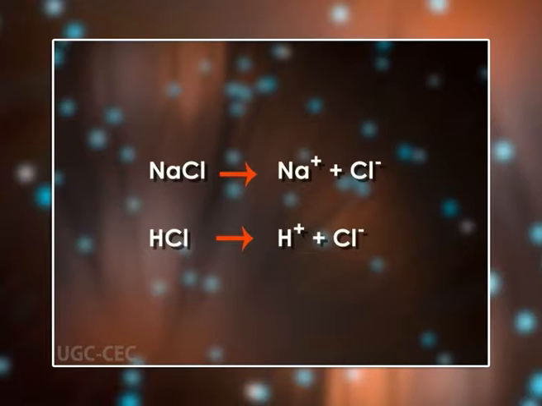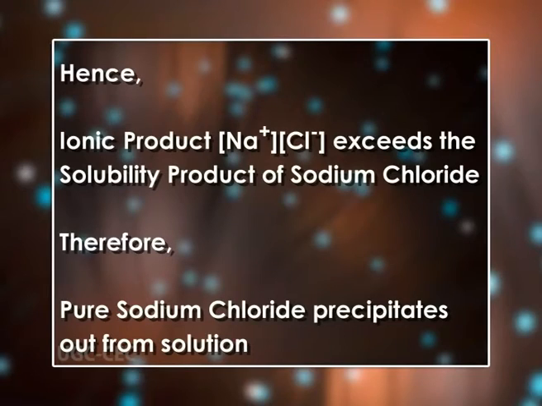Similarly, HCl gets converted to H+ plus chloride ions Cl-. The concentration of chloride ions increases considerably in solution due to ionization of HCl. Hence, the ionic product of sodium chloride, that is concentration of Na+ into concentration of Cl-, exceeds the solubility product of sodium chloride, and therefore pure sodium chloride precipitates out from the solution.